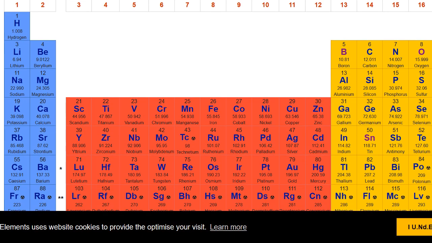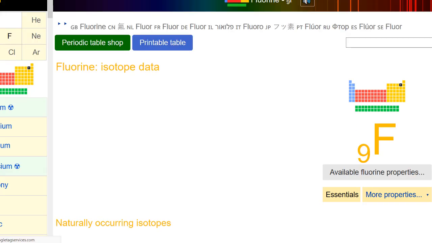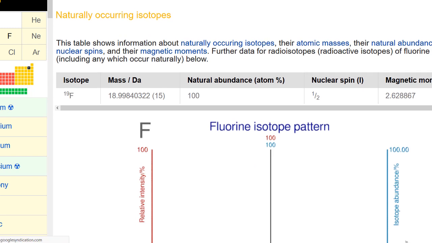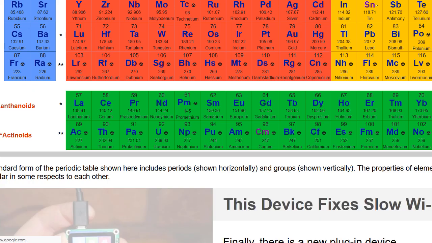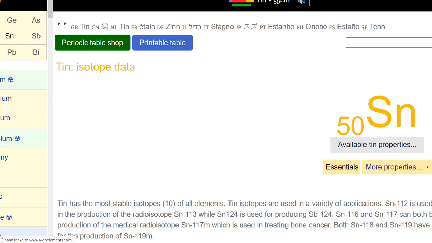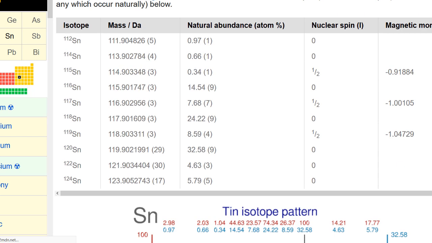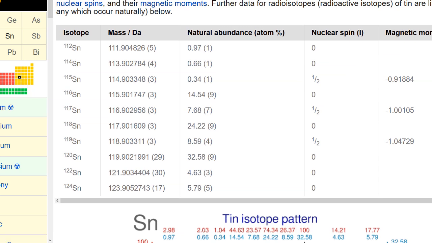If I went to fluorine and clicked on it and looked down, we would see that fluorine has just that 1 naturally occurring isotope. And if I come back here and look at tin, like I mentioned, we'd see that tin has a total of 10 naturally occurring isotopes.